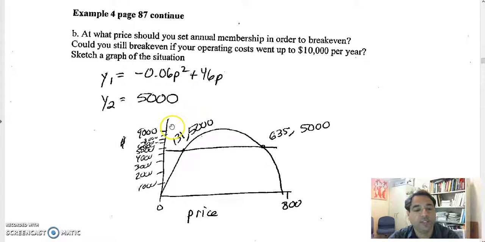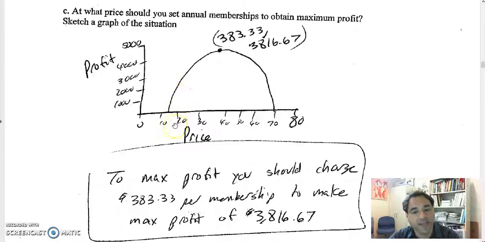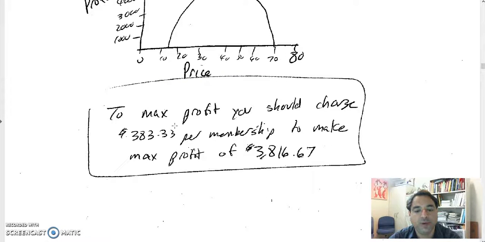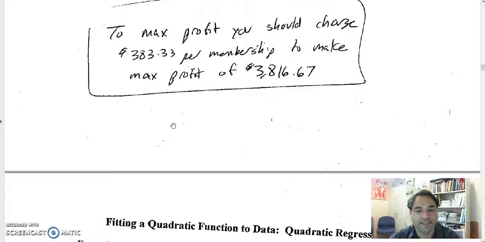So that gives us practice with intercepts, and that gives us practice with maximizing profit. So to maximize profit, you should charge $383.33 per membership to make a max profit of $3,816.67.